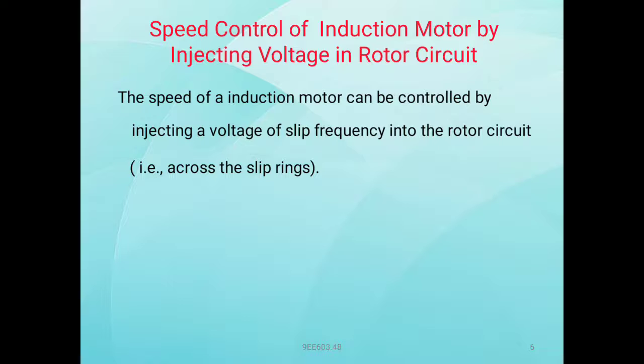By stator control methods, that means by controlling the stator voltage or the stator poles and the stator resistance, we can control the speed of the induction motor. Here, the speed of induction motor can be controlled by injecting a voltage of slip frequency into the rotor.